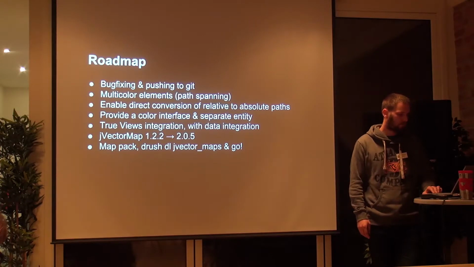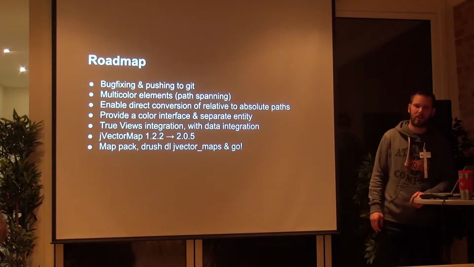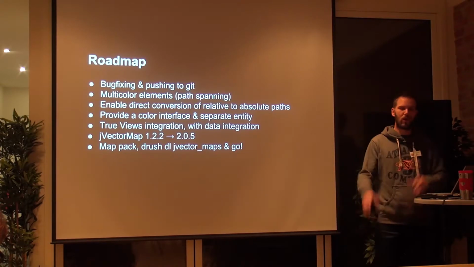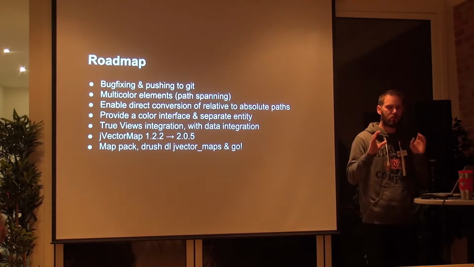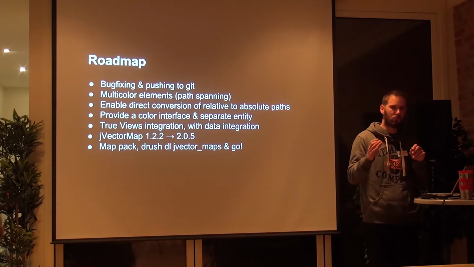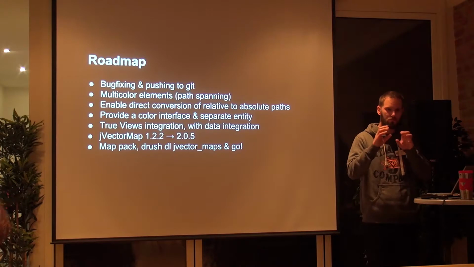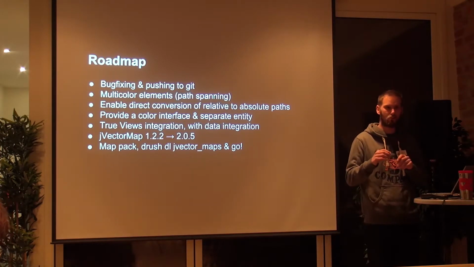I think we have to have true Views integration with data integration, which means that you can have a world map which aggregates information of, let's say, how many users are in that country, and you have this map which shows gradients of how many is where.